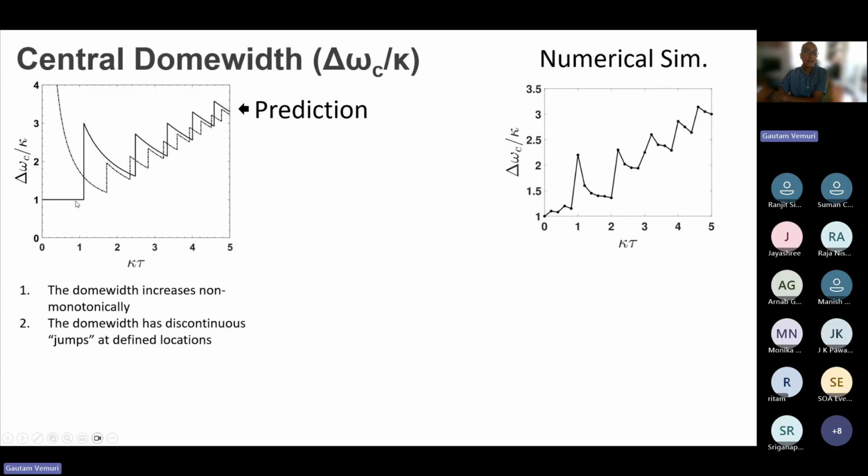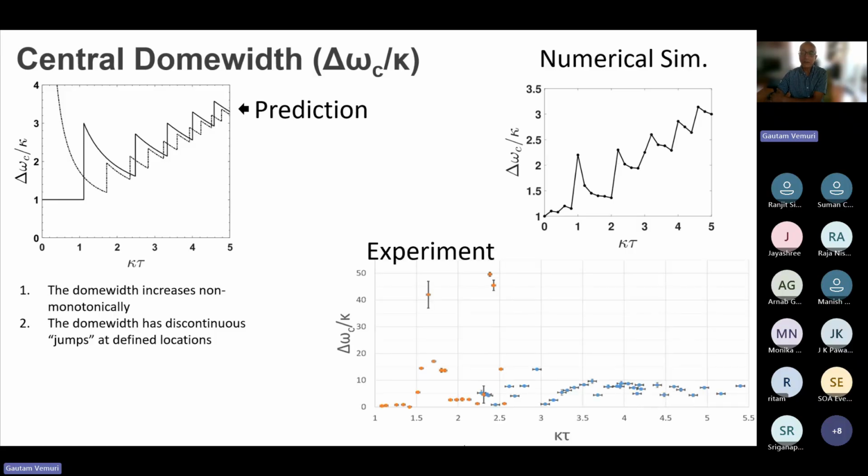Ignore this one. You can see that it has these abrupt discontinuities. So then we looked at our numerical model, the 4-rate equations, and sure enough, I find it behaves in exactly the same way. And then when we do the experiments, we find the experiments also, you see the same trend.